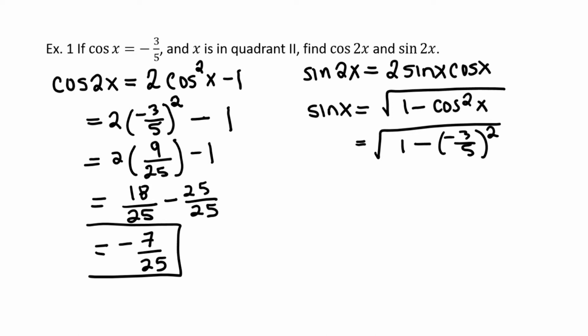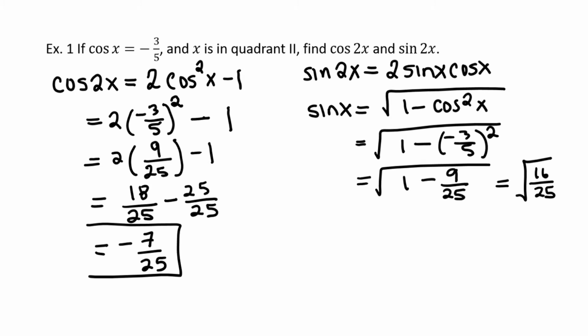Now the rest of this is arithmetic, so we're going to have 1 minus -3/5 squared is 9 25ths. Get a common denominator of 25 over 25 for the number 1, and when you perform the subtraction, we're going to get the square root of 16 25ths, and when we finally solve for sine x, that value is 4/5.